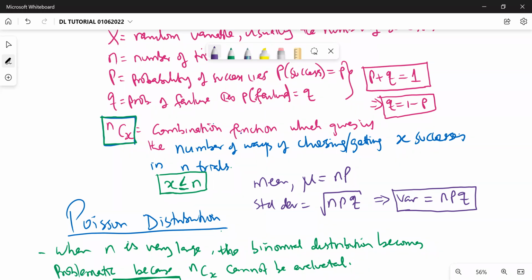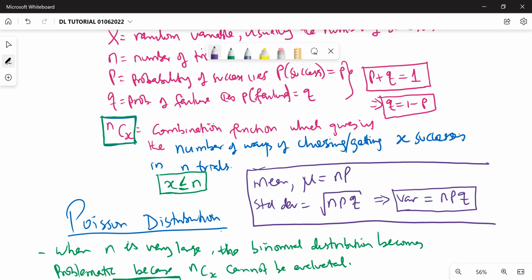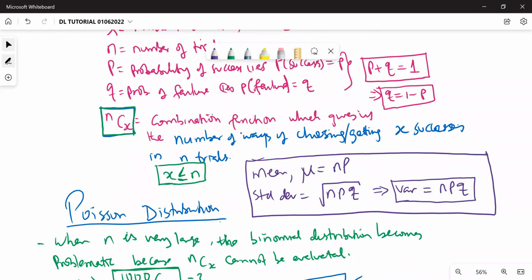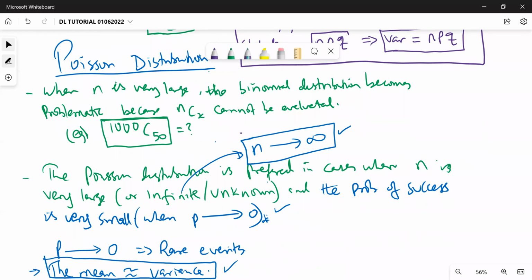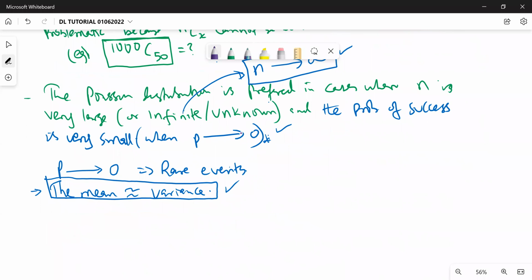If we bring this concept down here in the context of Poisson, then when we talk about the mean being equal or very close to the variance, this means that if x is a binomial variable, we're talking about a scenario when np is equal to npq.